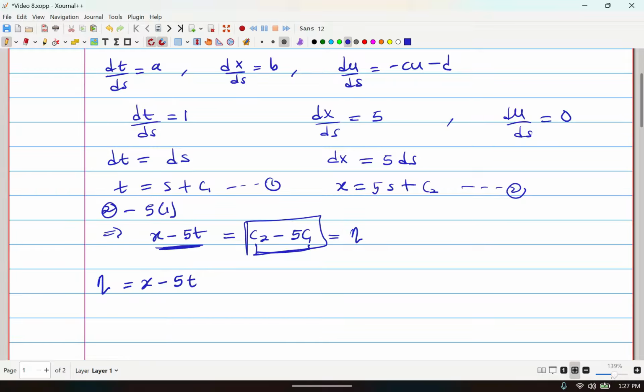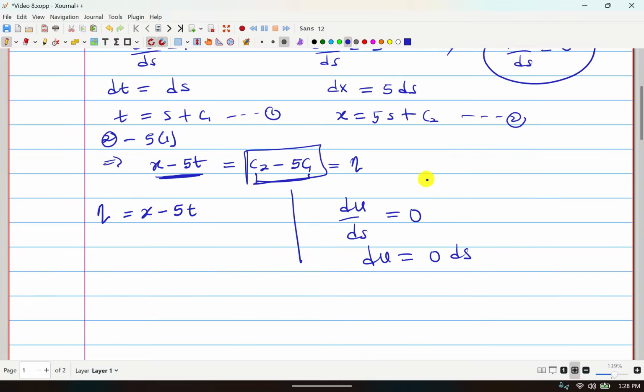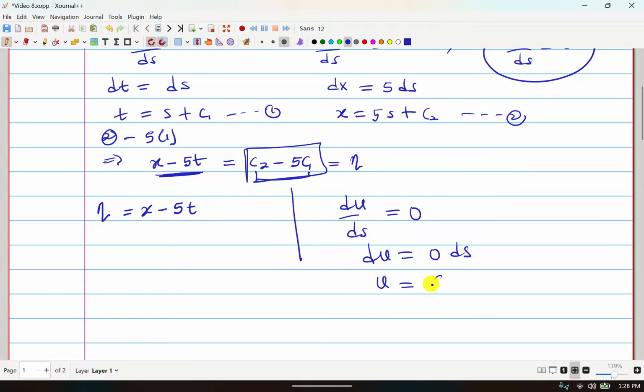So what do we do again? We go back and solve our main equation. The function we are looking for is u, but in terms of x and t, not just s. So we solve the differential equation for u: du equals 0 ds, and integrate both sides to get u equal to a constant, say c. What do we know is always constant? Eta, which is x minus 5t, is constant along characteristics.